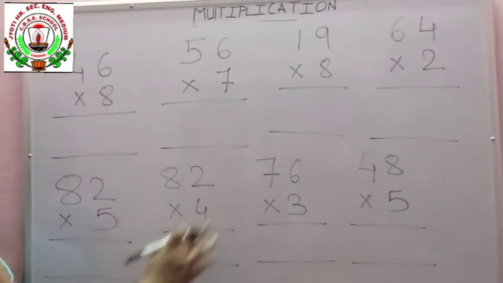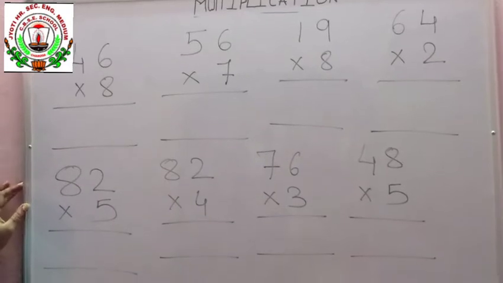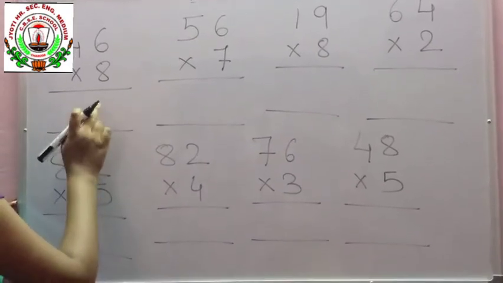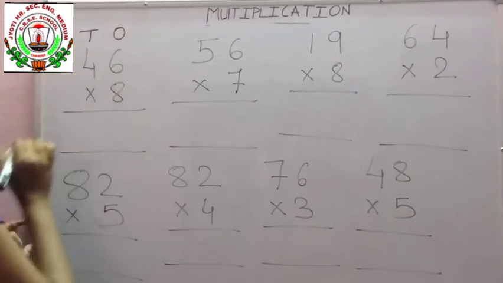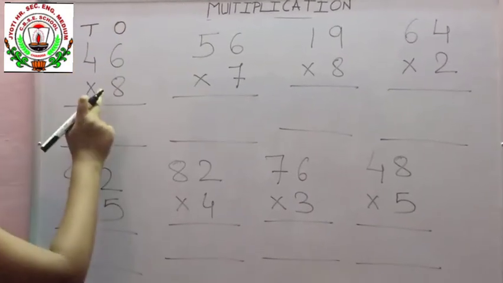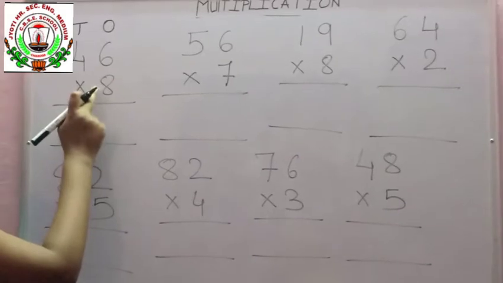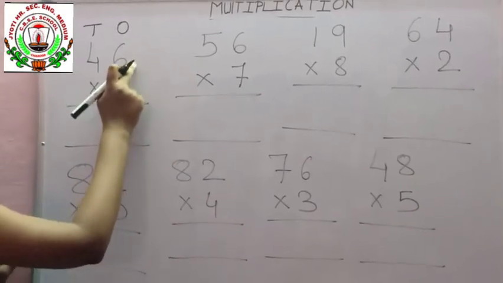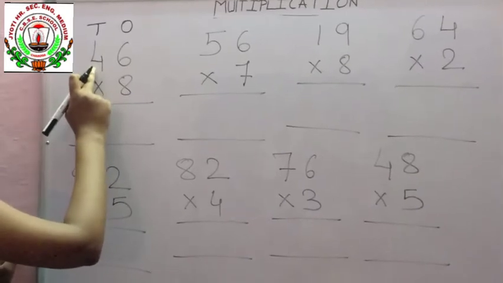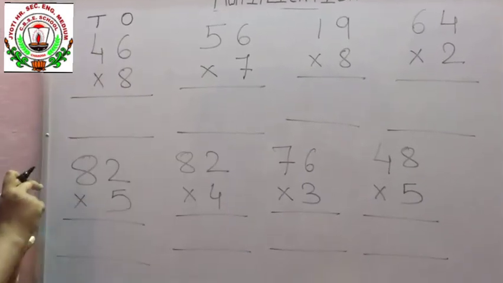Now questions are here, students. Now let's start solving. Okay. Firstly, this is at ones place and this is at tens place. So what you do? Firstly you multiply this number, 8, with 6. Then you move to the 4 because 4 is at tens place.